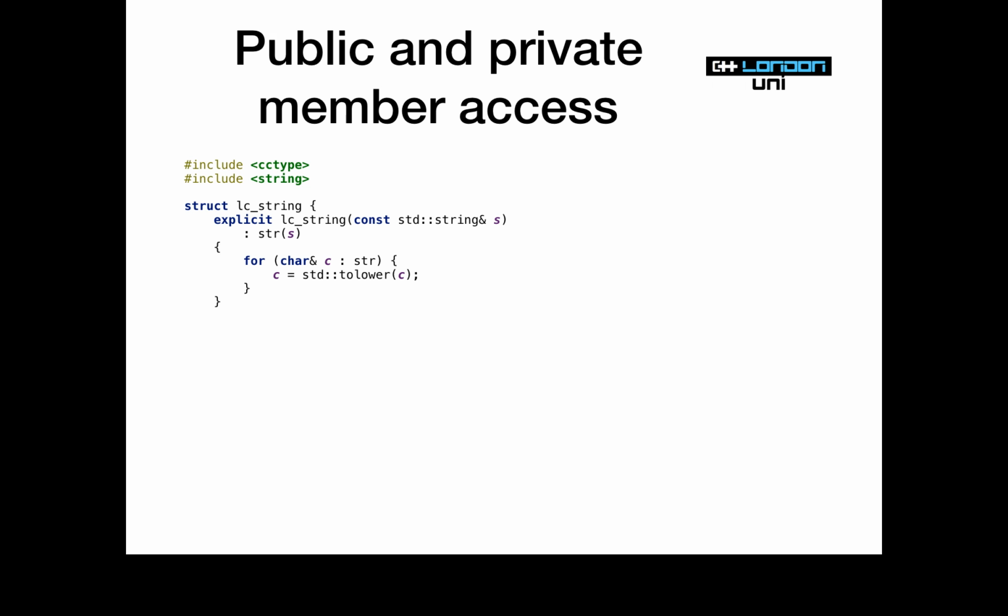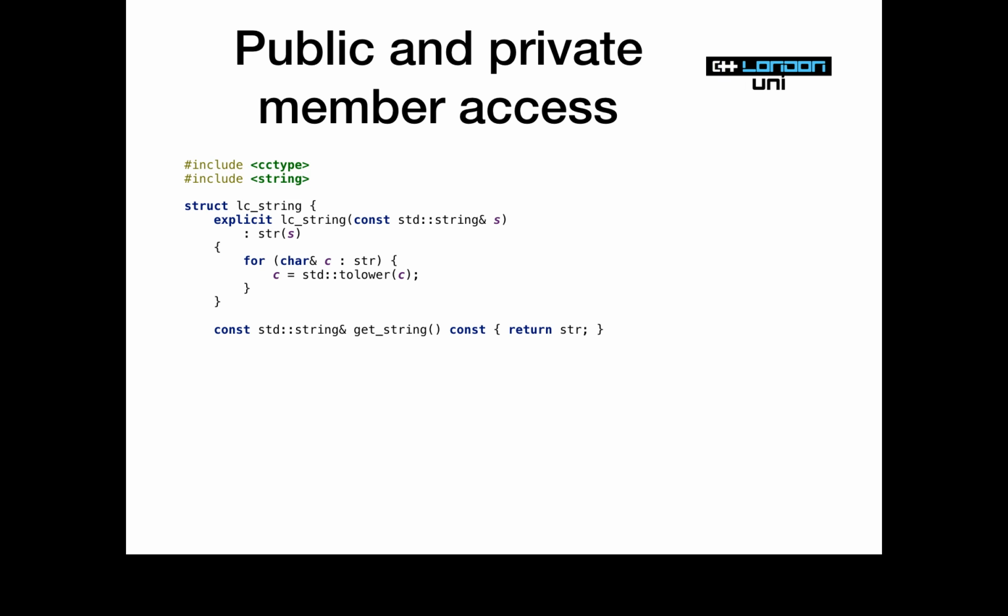So this is our constructor. First of all, we store a copy of the string, and then in the body of our constructor, we loop over every character and replace it with its lowercase version if it's a capital. For numbers, punctuation, and letters that are already lowercase, this function does nothing. It just returns the input.